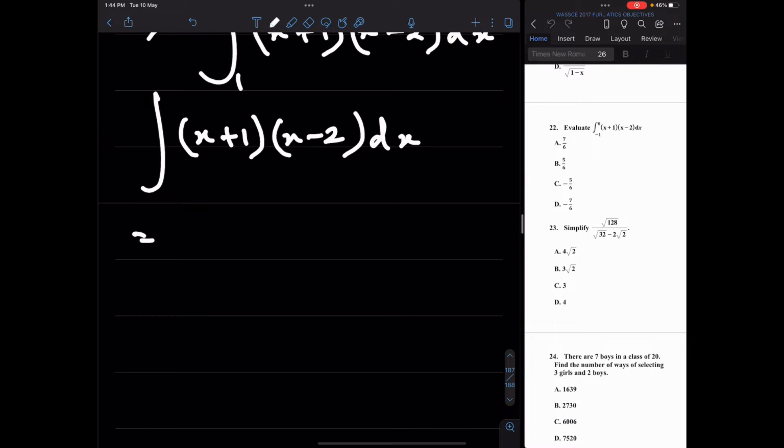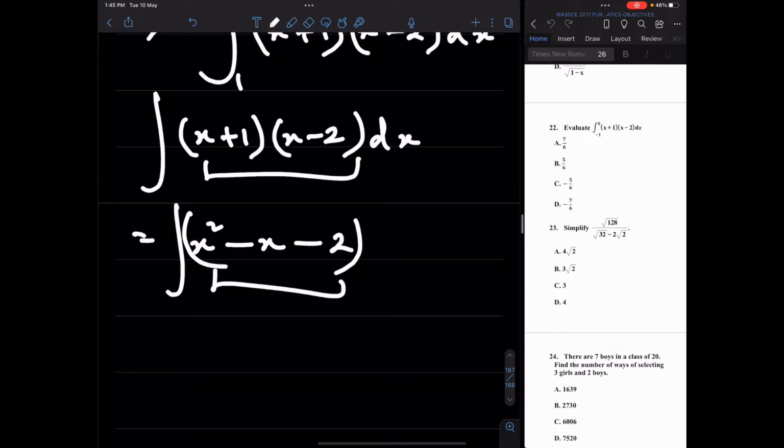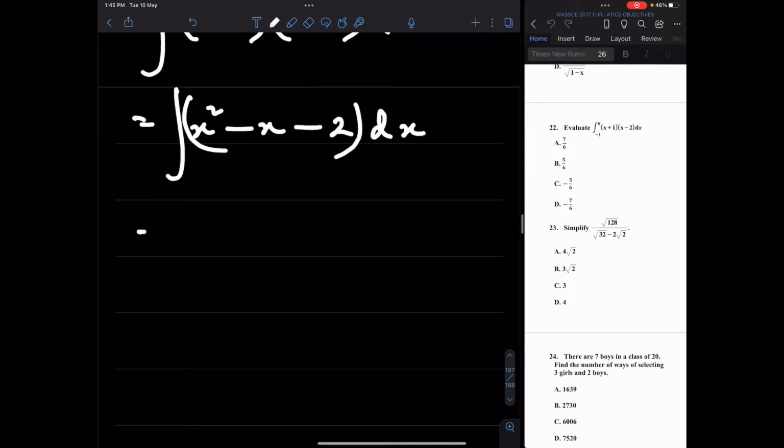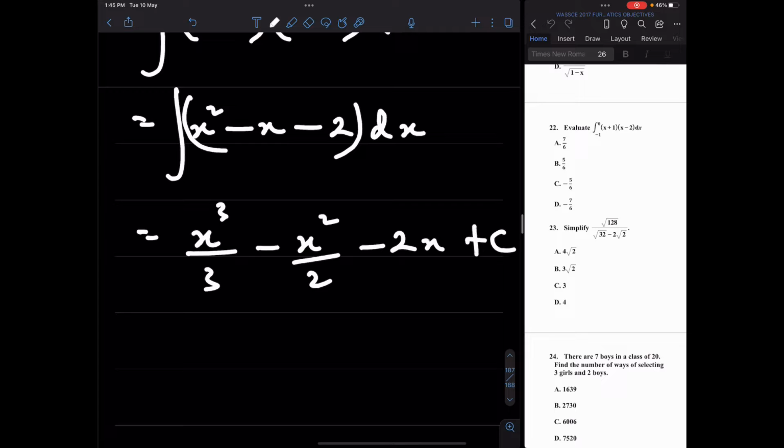If you expand this, this is what you're going to get: the integral of x squared minus x minus 2 with respect to x, and the integral of this will become x cubed over 3 minus x squared over 2 minus 2x plus c.